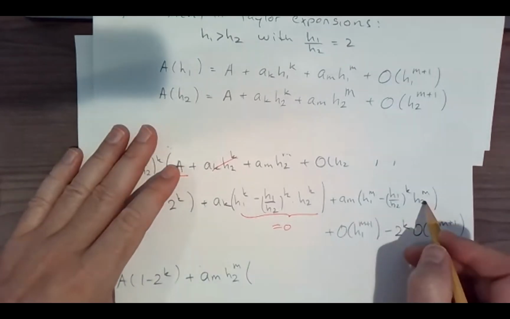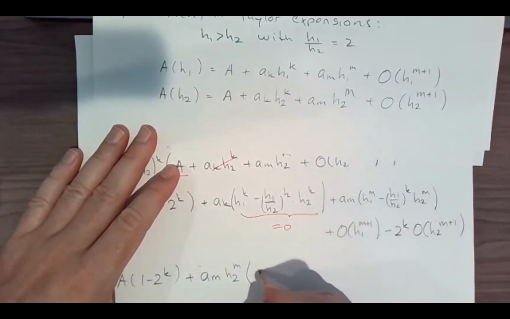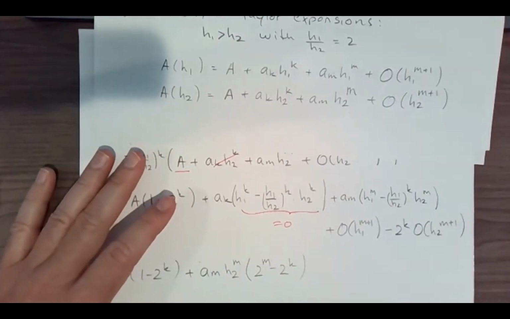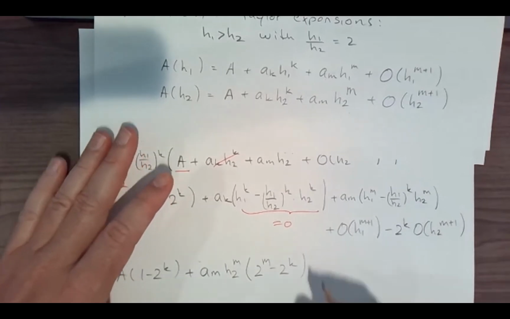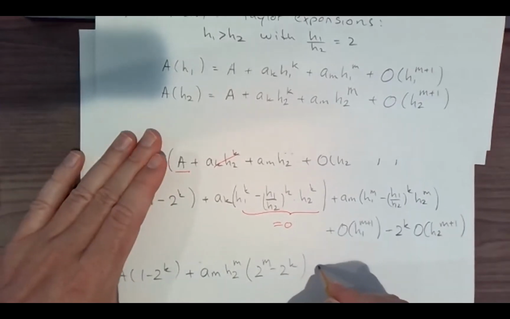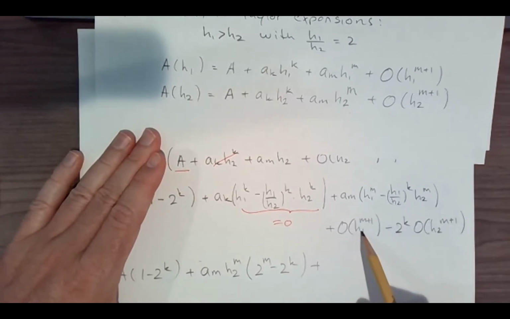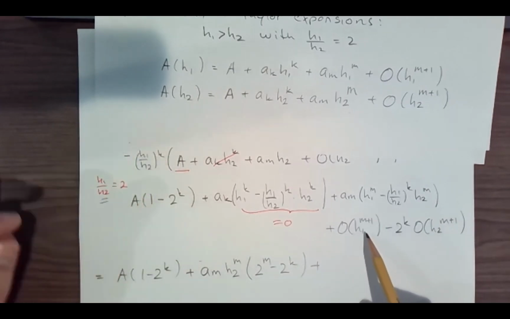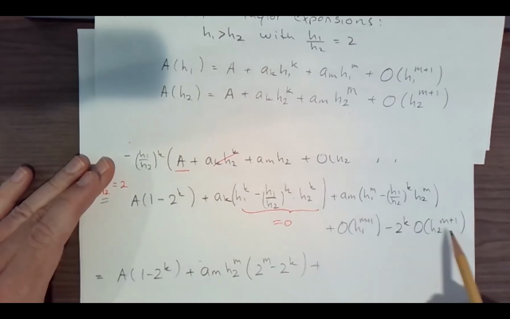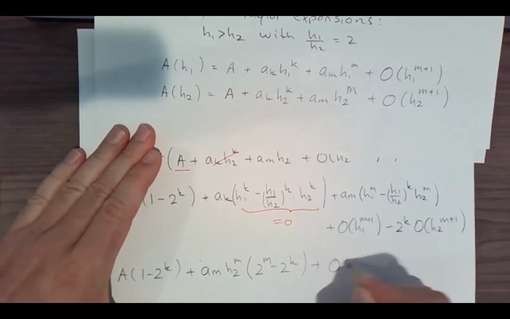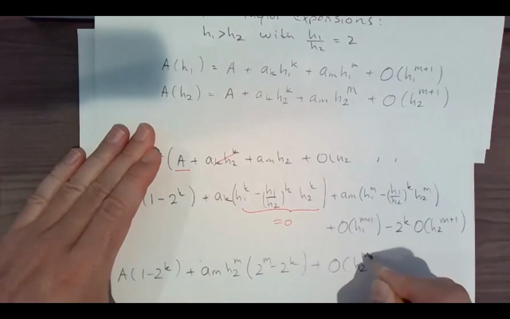If I pull out h2, then I'll get the ratio. This will be 2 to the m minus, and then this one here was 2 to the k. This one here would be h1 is equal to 2 times h2, so everything here is just O of h2 to the m plus 1.